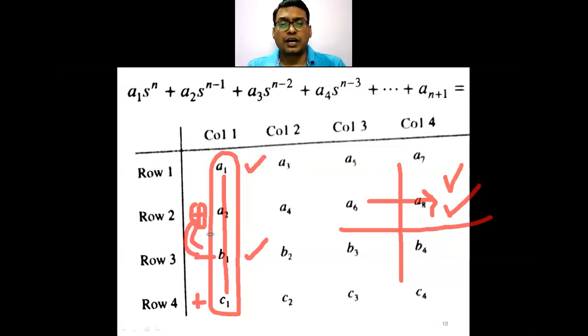So there are two sign changes observed: once from A2 to B1 and second from B1 to C1. So there are two roots on the positive side. Thus we have two sign changes, hence there must be two roots in the right half of the complex plane.